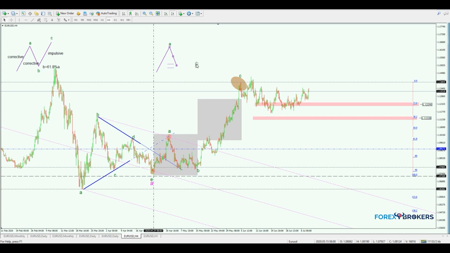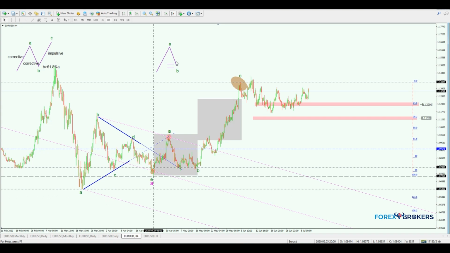The inability of the B wave to retrace beyond 80% tells us that this is a weak B wave. So in this category, a B wave that ends between 61.8 and 80% of wave A, there are 3 flat types.